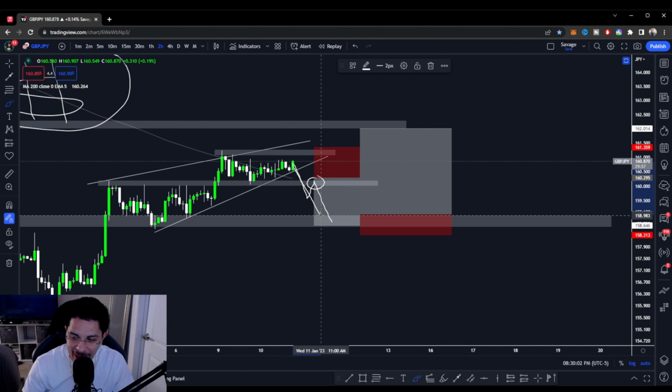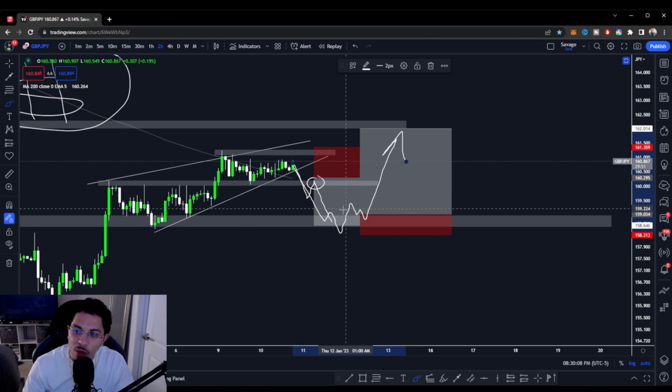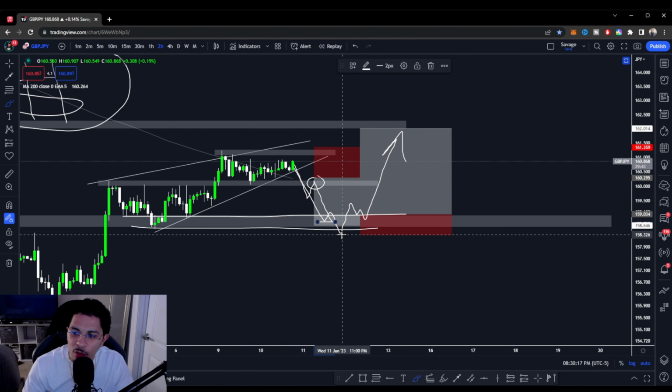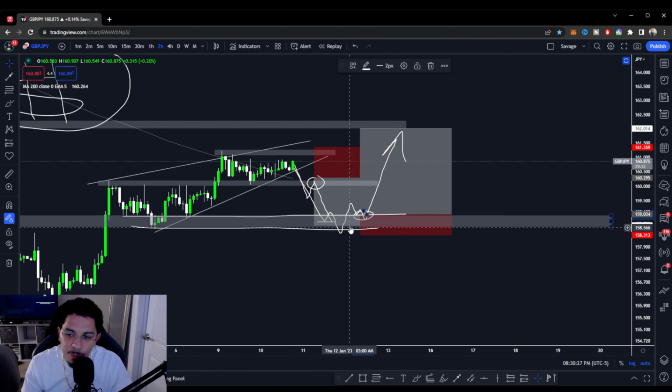What I will be reacting to is how we actually play once we come back down to this level, right? If we get the reaction that I want to see, which is usually the market coming back to a key level of structure, right, giving us a nice break of structure followed by a market structure shift, which is us going from a lower low to a higher high sequence, that is me reacting to structure, and then I also go ahead and jump in like that, guys.